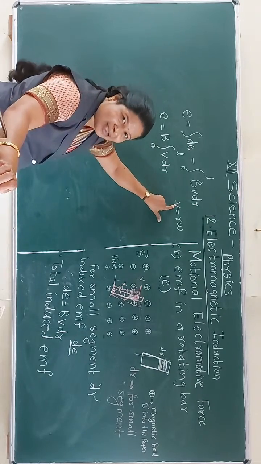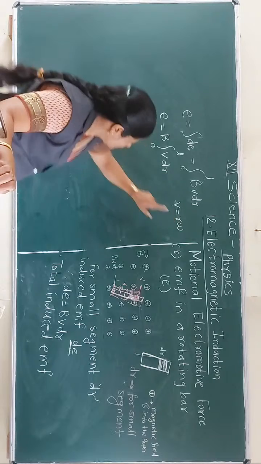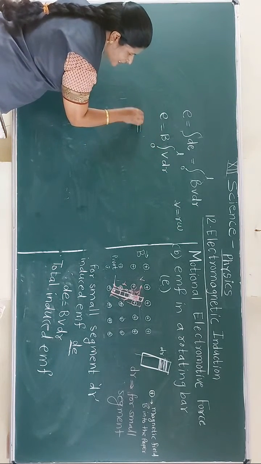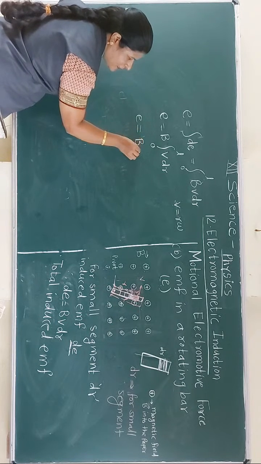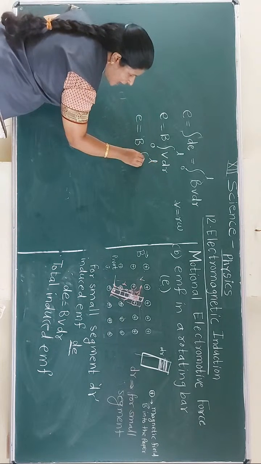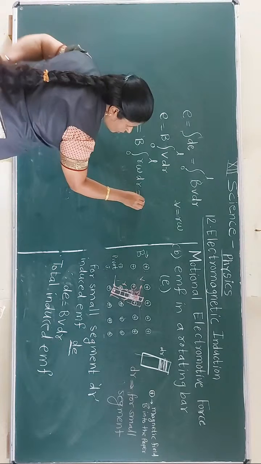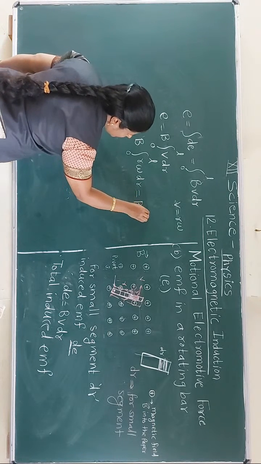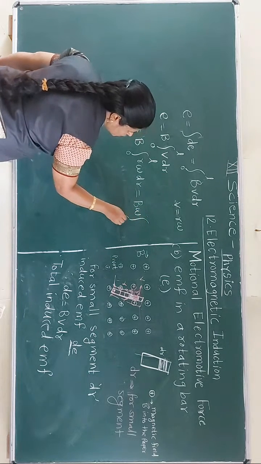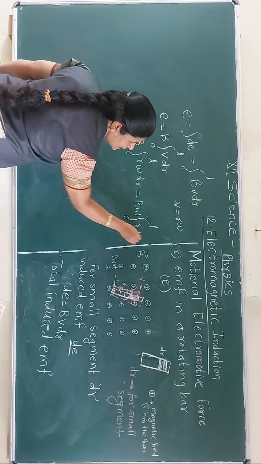This is the translational velocity, this is the rotational velocity. So, substitute this value in this equation. E is equal to B integration from 0 to L of r omega dr, which is equal to B omega taken outside, integration from 0 to L of r dr.